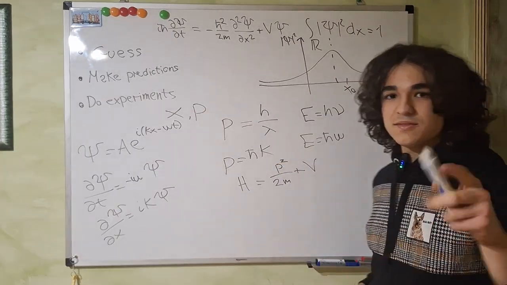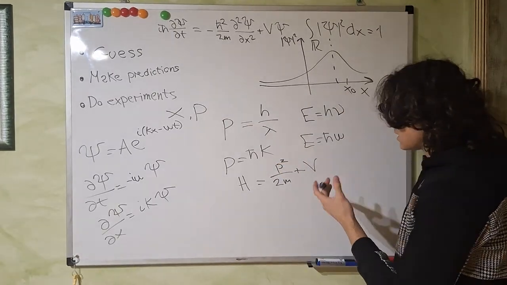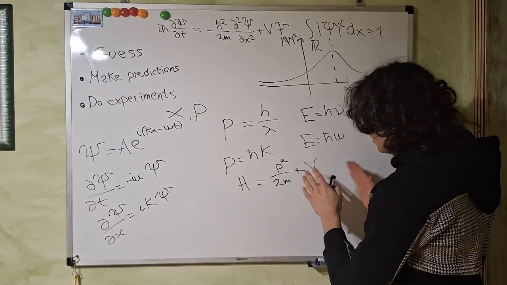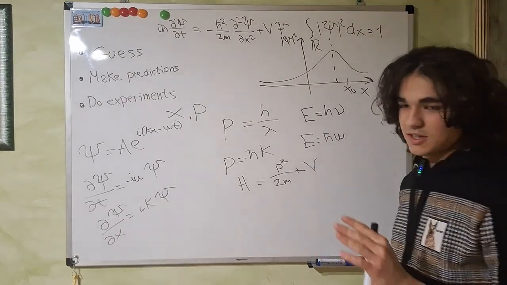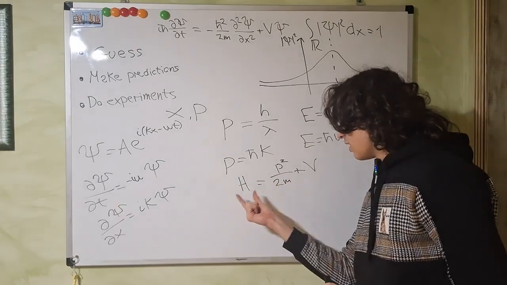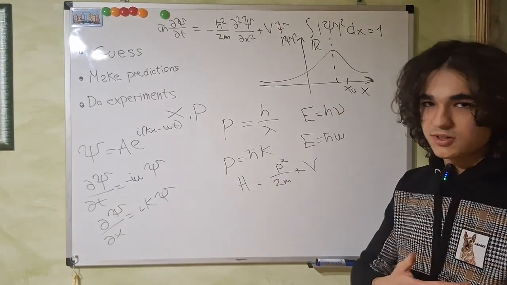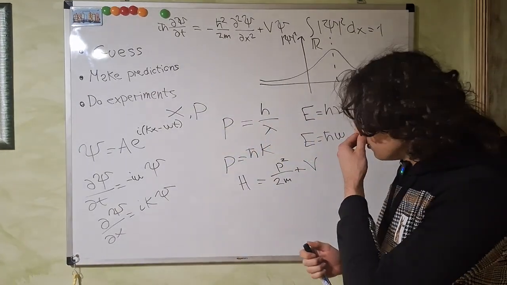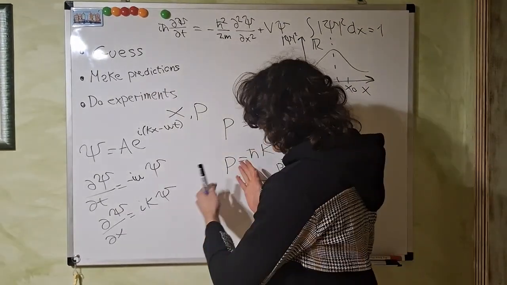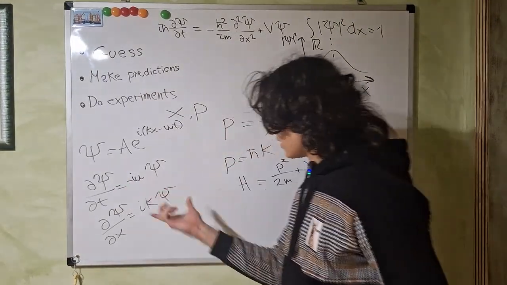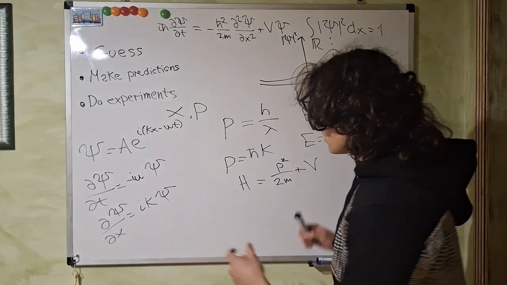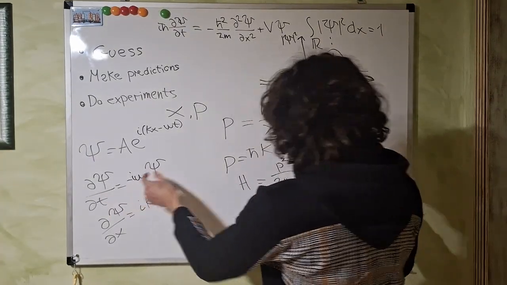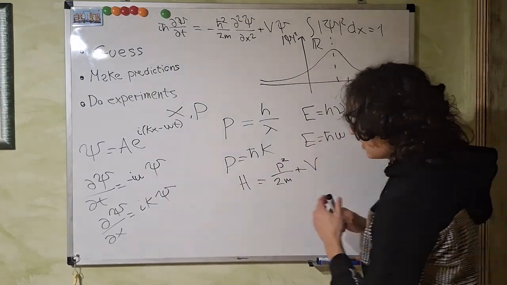Don't consider the potential for now. We have to focus on the energy, the Hamiltonian, and the momentum. Okay, so we want to get our quantities times psi, and let's consider the energy first. We have an omega here and an omega here.